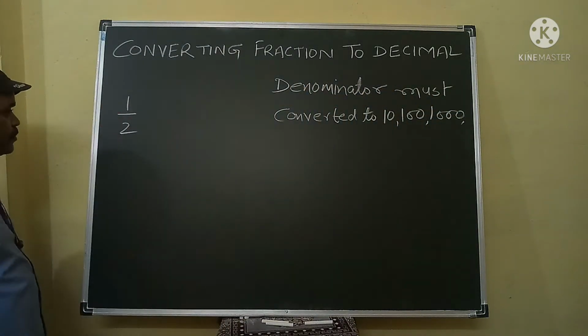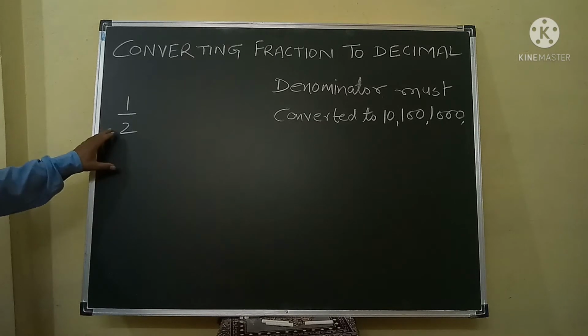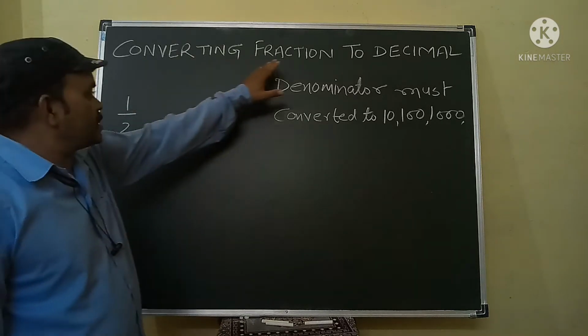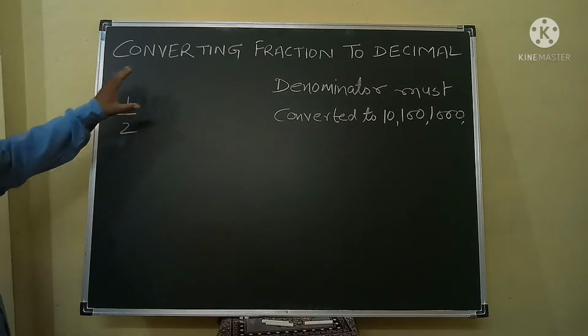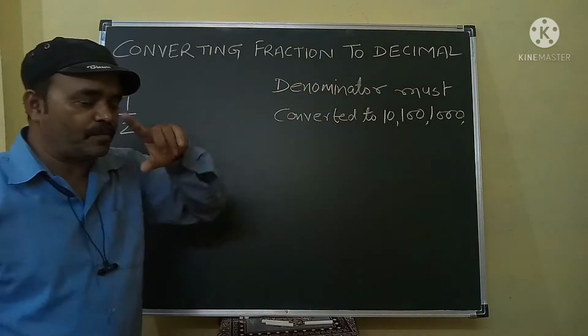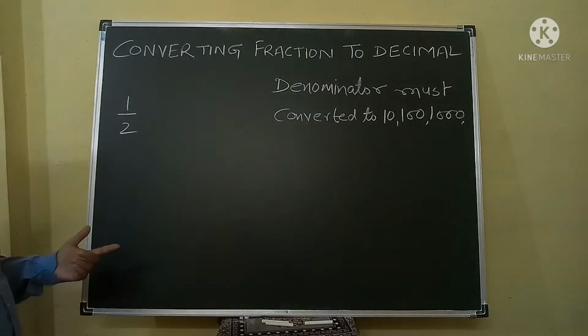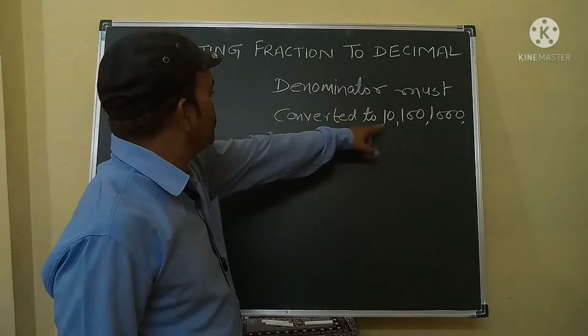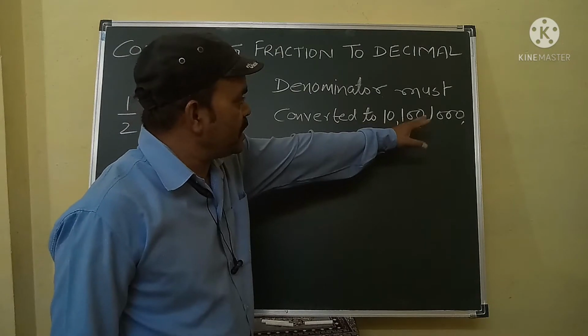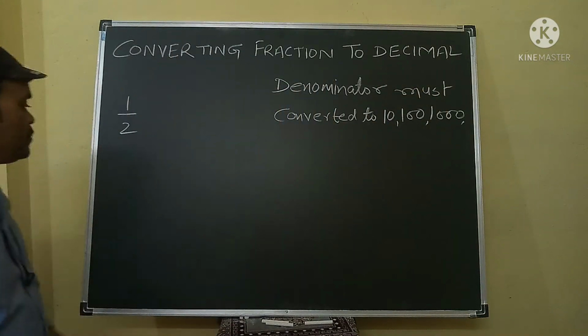This is 1 upon 2 and your topic is converting fraction to decimal. That means we will convert this fraction to decimal form. So what is your first step? The denominator must be converted to 10, 100, 1000 and so on.